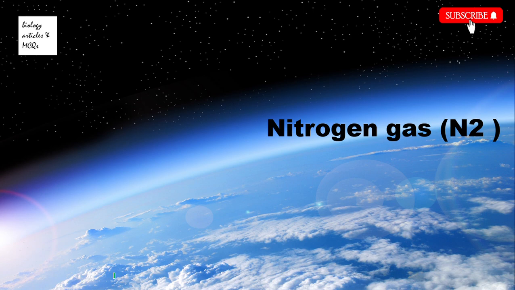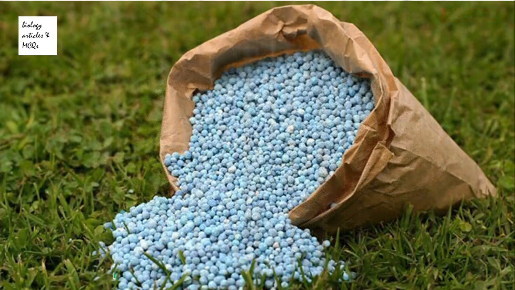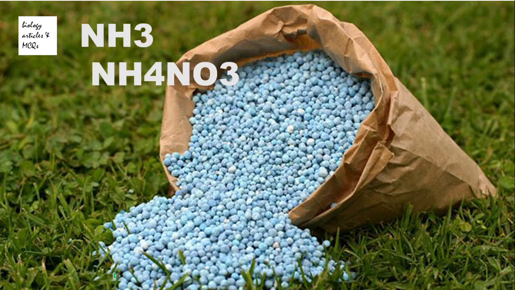In the soils, it exists as nitrogen oxide and nitrogen dioxide also. And when it is used as a fertilizer, it can be found in other forms like ammonia. It can also be found in the form of ammonium nitrate, that is NH4NO3. So these are the different forms of nitrogen.